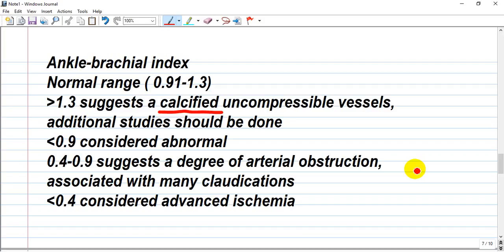One of the great examples is Monckeberg arteriosclerosis. A value of less than 0.9 is considered abnormal and suggests a degree of arterial obstruction, and less than 0.4 is considered advanced ischemia.